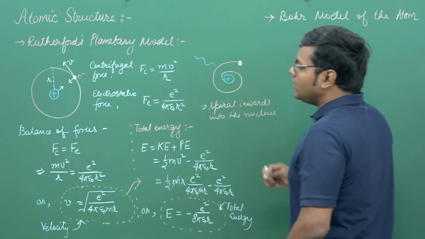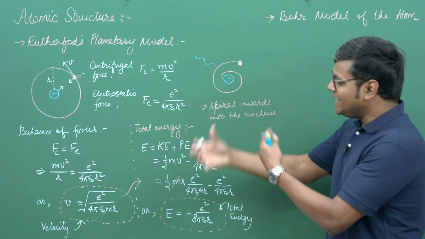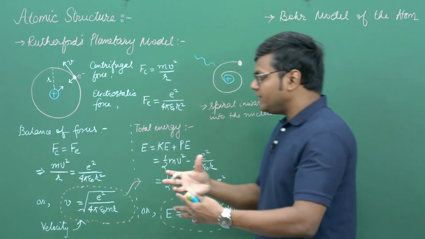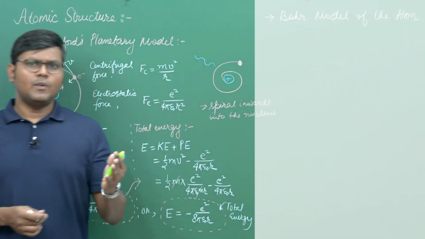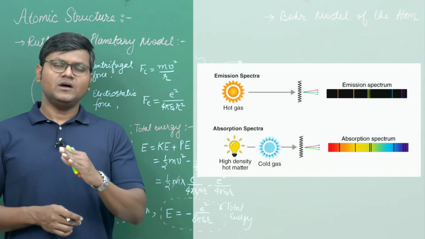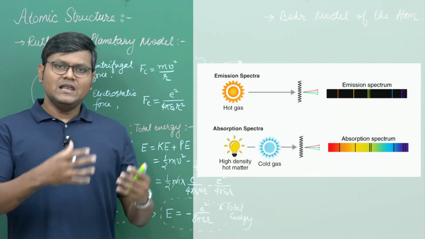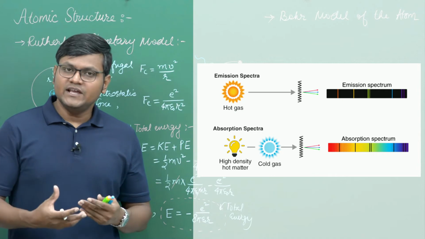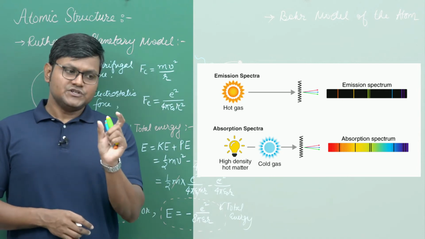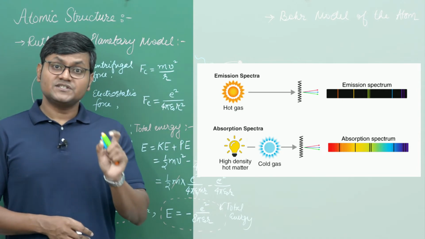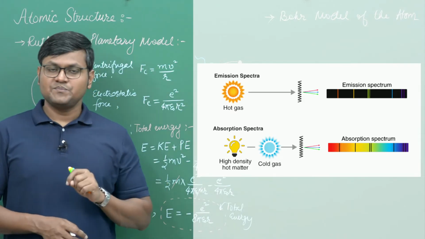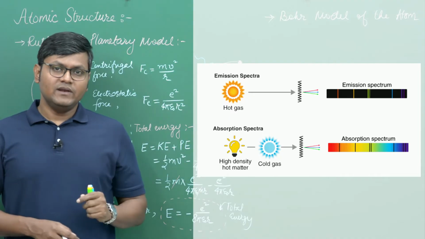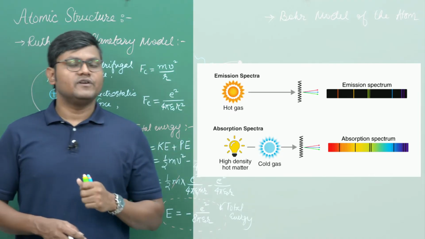So Niels Bohr combined this classical planetary model of the atom with the ideas of spectroscopy. We just talked about the emission and absorption spectra, where chemical elements, whenever they emit radiation, show discrete lines corresponding to specific wavelengths, and these discrete lines are a characteristic of different chemical elements.